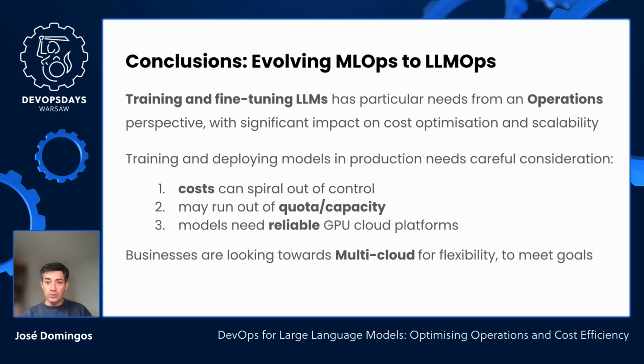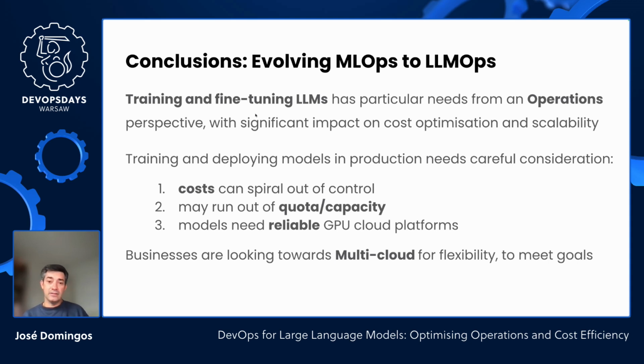So to conclude this presentation, in the first part I gave you an overview of LLMOps and what it means. We've looked at training and then fine-tuning LLM models, and we saw how they put particular needs on the operations perspective of the business.